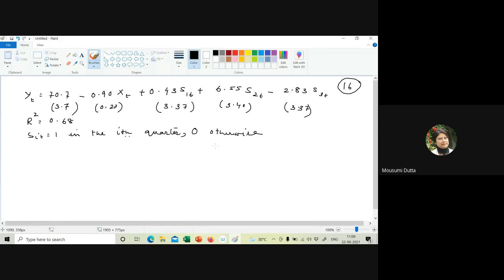The question is, explain the implied pattern of seasonal variation and interpret the result.